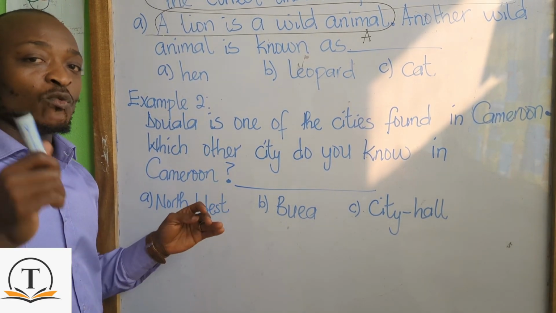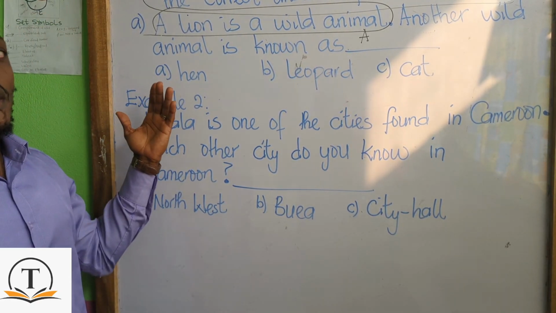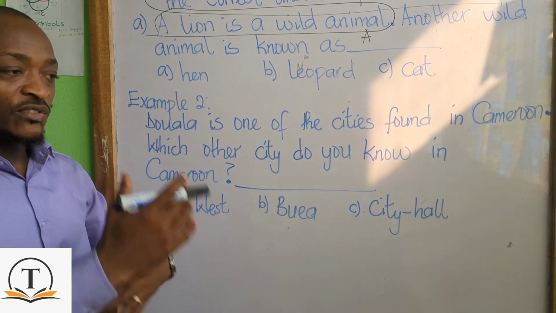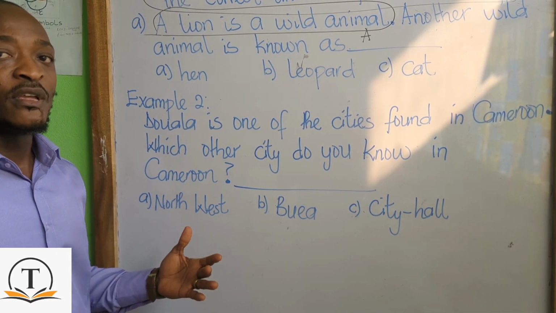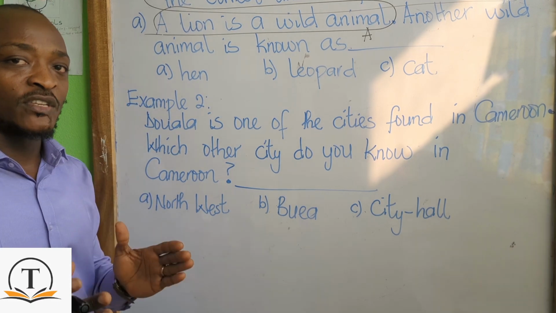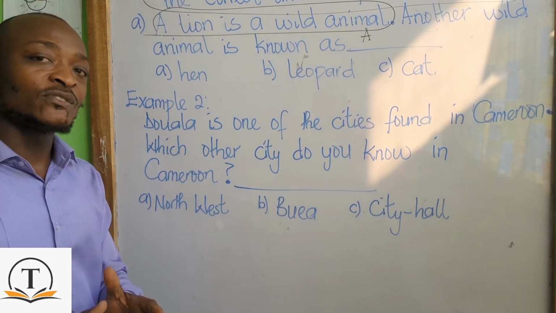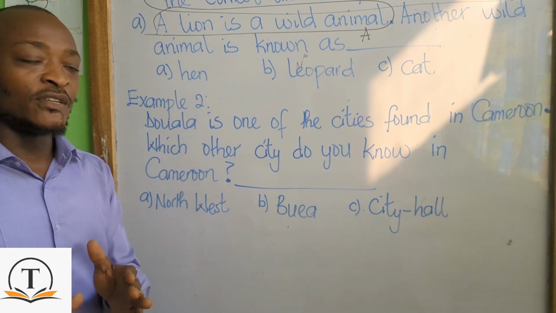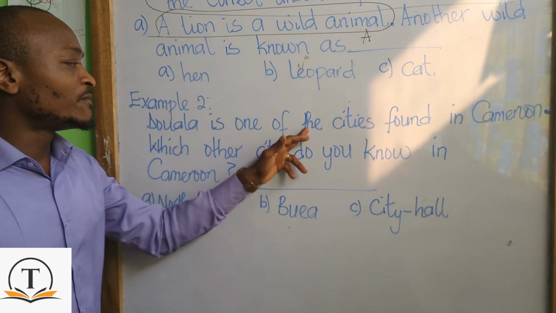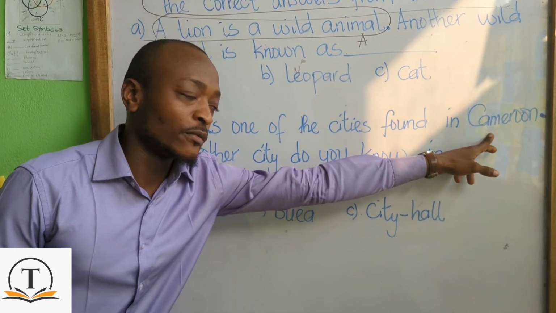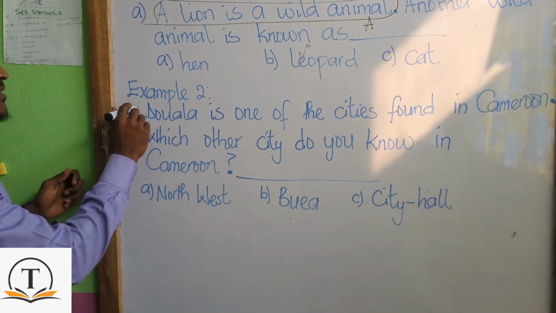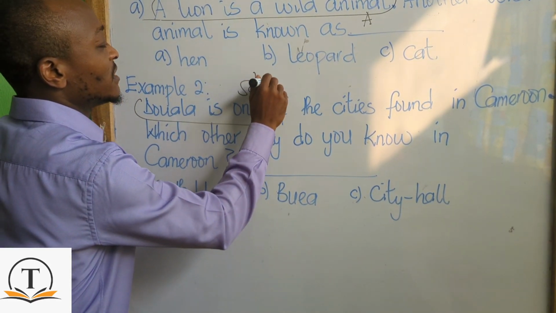Why? Because when a lesson is taught, a child needs constant reawakening, constant revision in the classroom in order to remember the concept. Concepts are easily missed or forgotten by learners. So Douala is one of the cities found in Cameroon. Here is the stimulus.